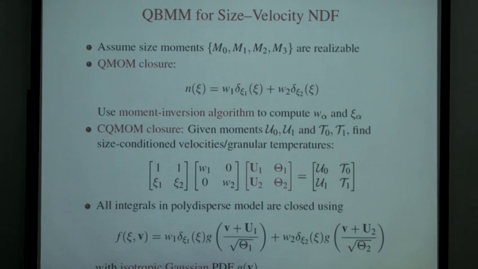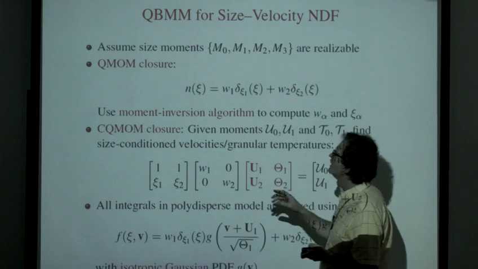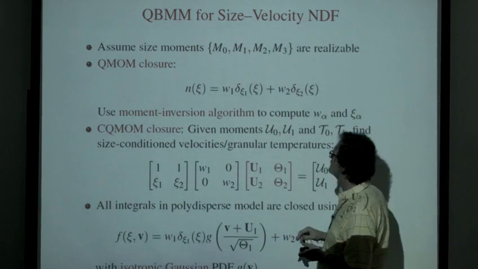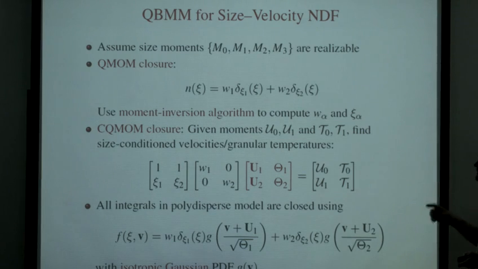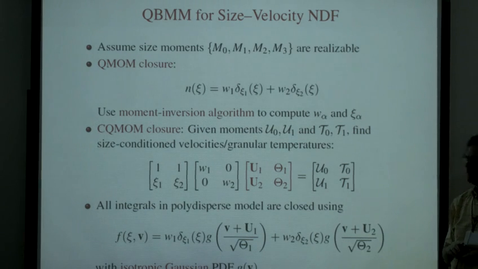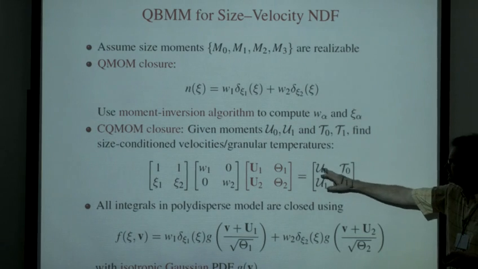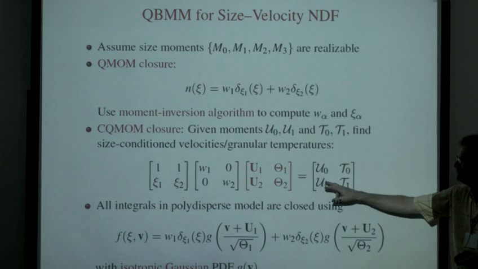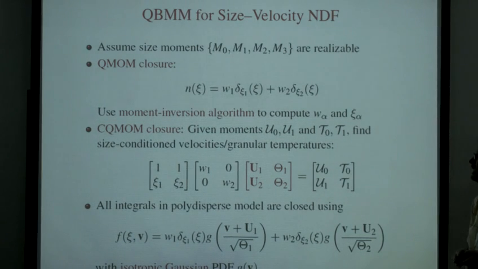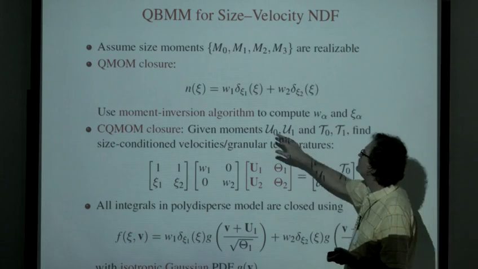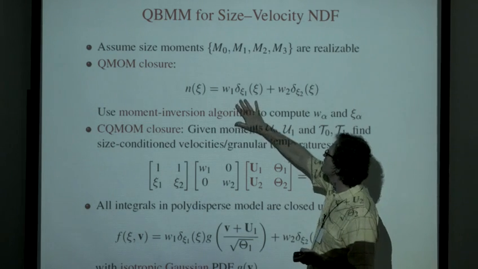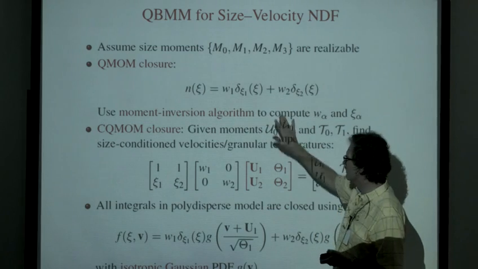So we use that. We then use conditional quadrature method of moments. And so now this is where you have to remember the things that we defined earlier. So these are the things you're transporting, the script U's and script T's. I said we needed 2 of them for each. So what we're going to do is think of 2 particle classes, W1 and W2, with 2 sizes, C1 and C2.